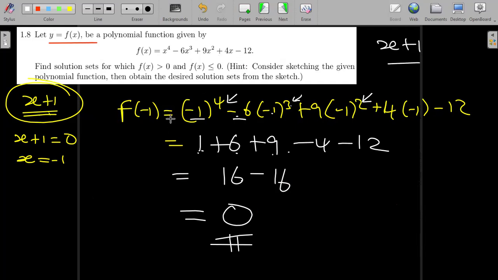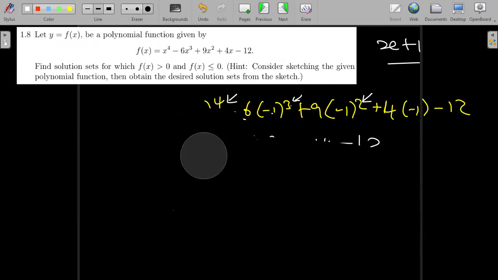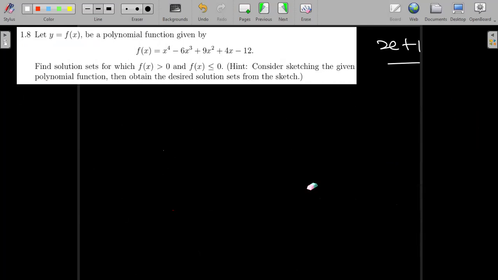So it means we can use a synthetic method to reduce that polynomial from power 4 to power 3. And then we use the trial and error method again to find another factor so that we reduce that polynomial to a quadratic, and then we can simply factorize a quadratic. So from here, I'm going to get x is equals to -1. So I'm using synthetic method.